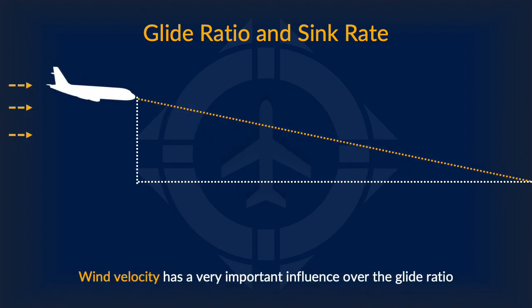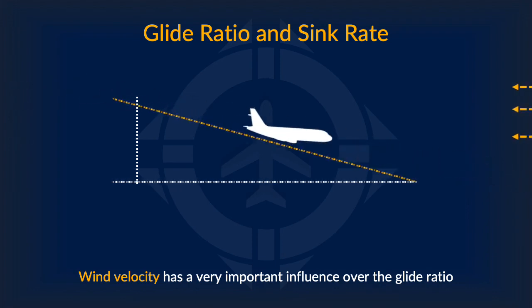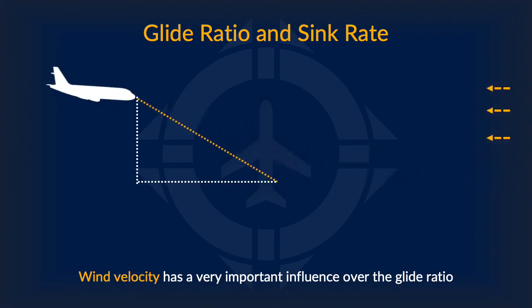Wind velocity has a powerful effect over glide ratio. Tailwind allows your airplane to move faster, greatly increasing glide ratio. Meanwhile, headwind greatly decreases your glide ratio because it decreases your speed.